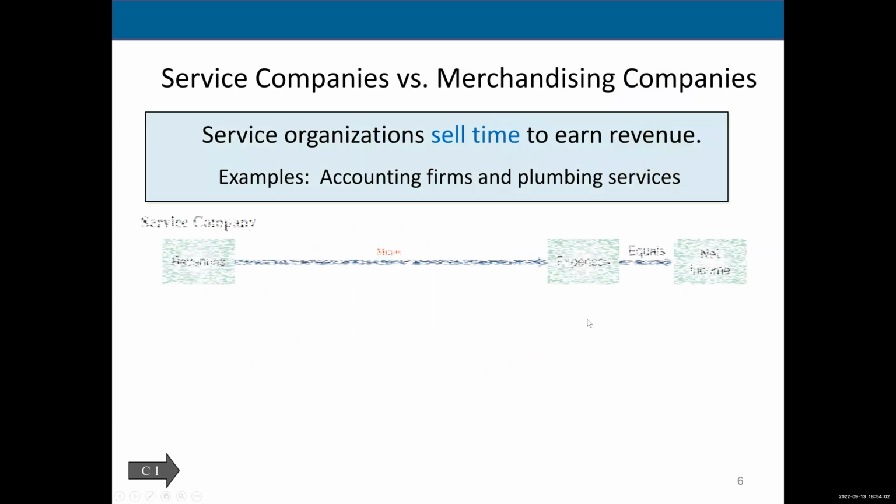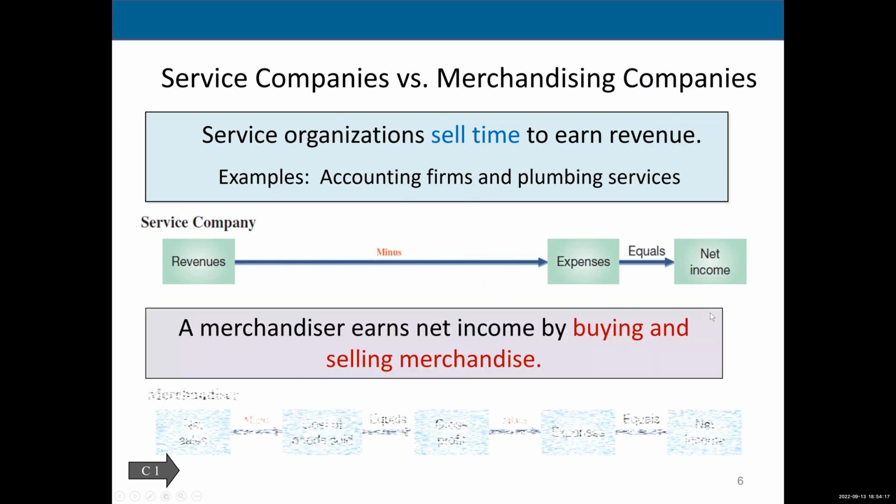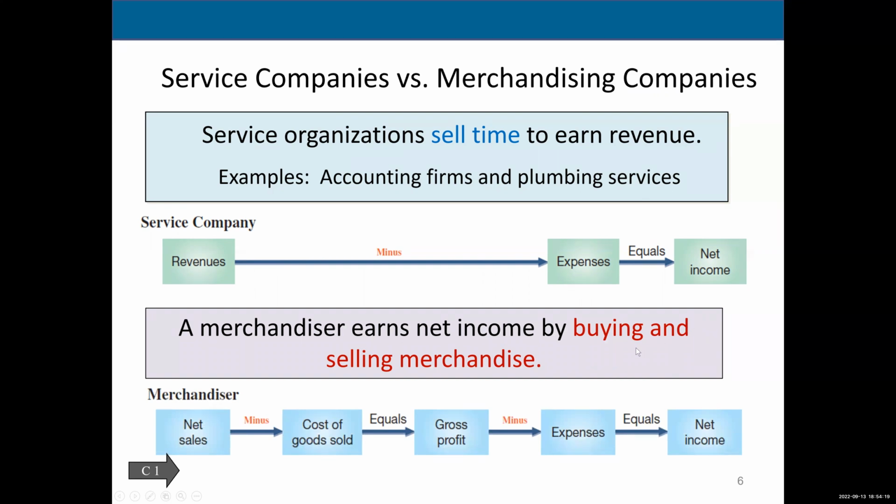Okay, so in the past chapters, we knew that to calculate net income was simply revenues minus expenses equals net income. And that's good. In a merchandising business, we're going to be selling inventory or selling merchandise. So we have these new accounts, right?